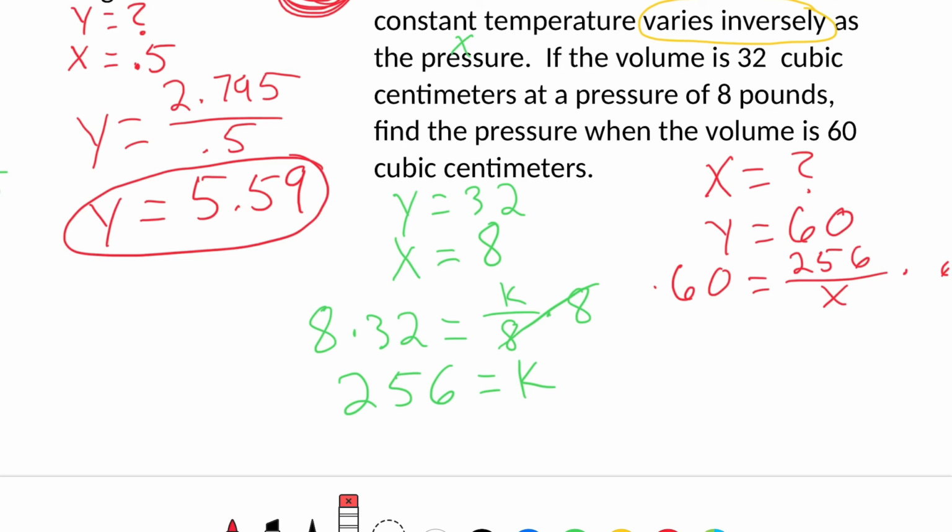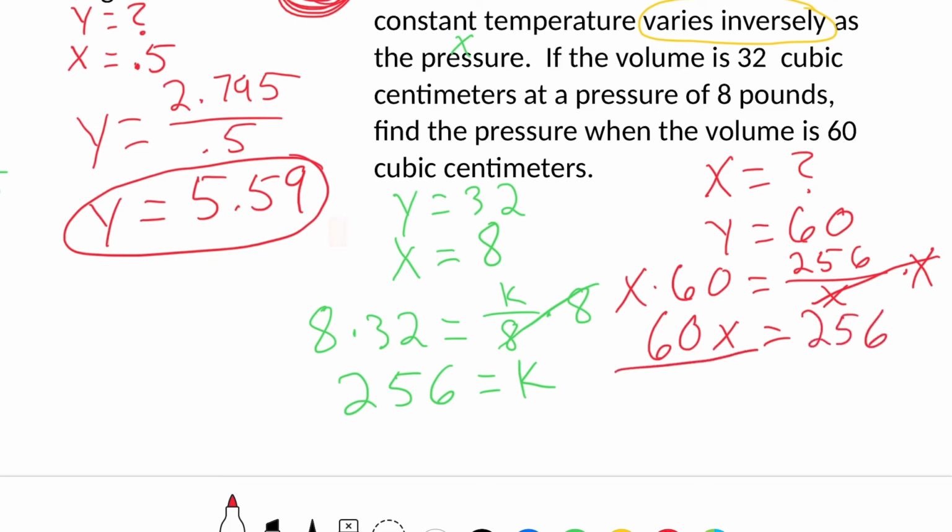So what we actually need to do is multiply by x on both sides, get rid of the x, so we get 60 times x equals 256, and then we can divide by 60, and we get x equals 256 divided by 60, which gives us approximately 4.3.